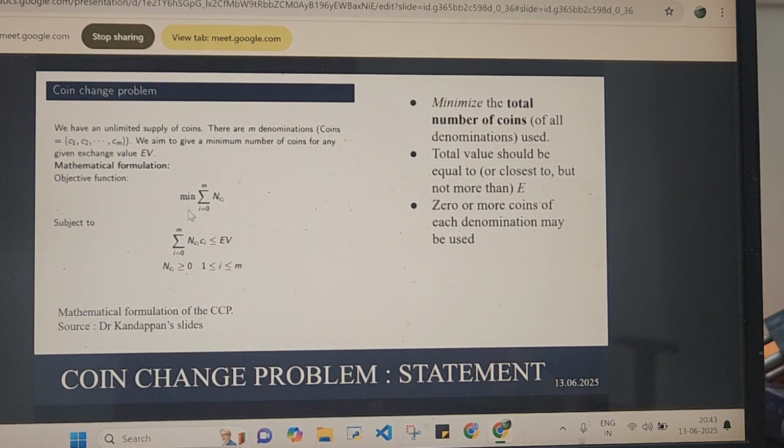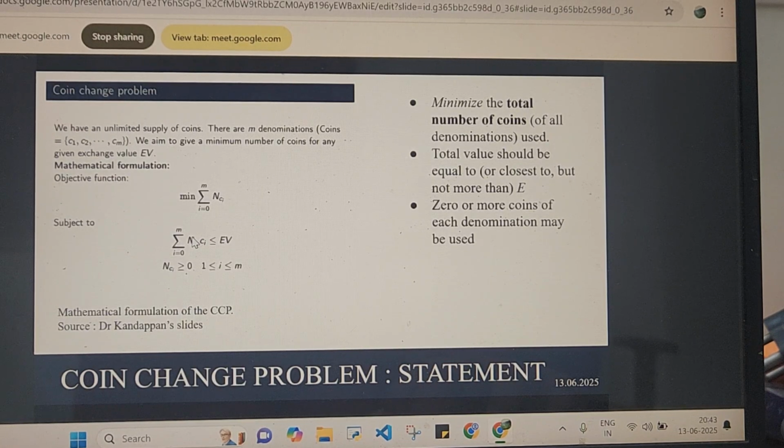So the objective is the total number of coins across all denominations must be minimized, and your constraints are summation NCi into Ci less than equal to EV, meaning the total amount made by the coins, which is expressed as number of coins of a specific denomination into that denomination. So for example, 2 coins of rupees 7 and 1 coin of rupees 5 would be 2 into 7 plus 1 into 5. So NCi represents the number of coins, 2 and 1 respectively. Ci represents the denomination, 7 and 5 respectively.